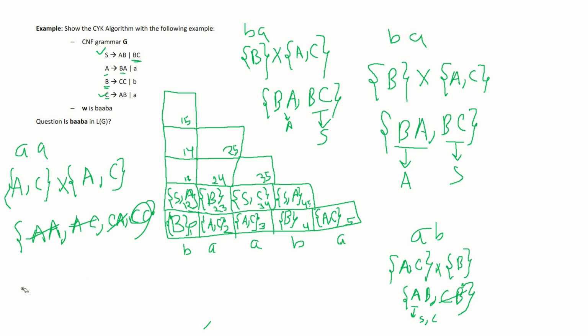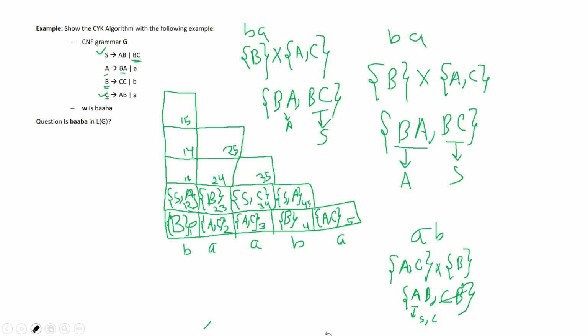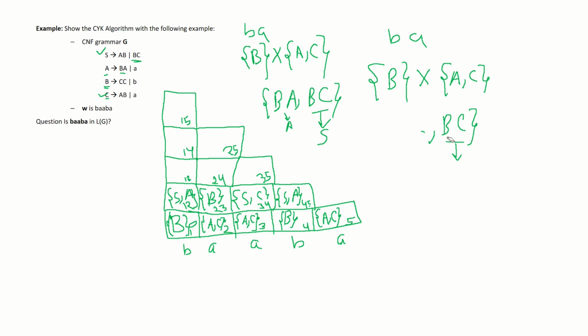Now we will fill up row 3, and this is where the solution will get a little bit tricky, and I need you to keep your attention on these steps because it's a bit tricky.